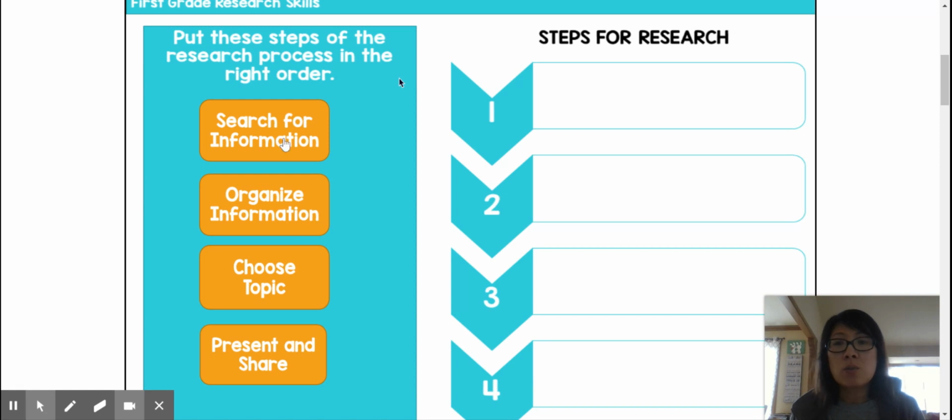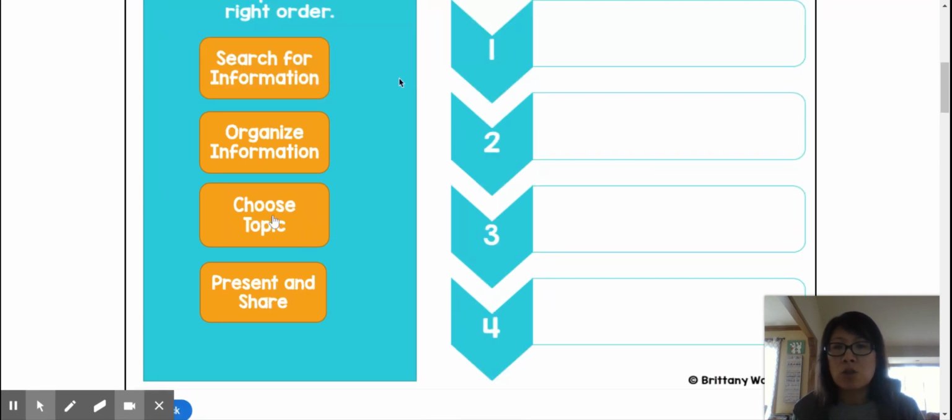All right, so let's go through the four different choices here. The first one is search for information or look for information. The second one is organize information, so taking what information you have gathered and organizing it in a way that's helpful to you. And then choose a topic and present and share that information.